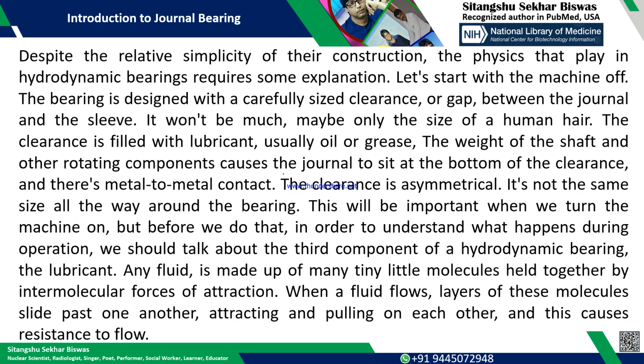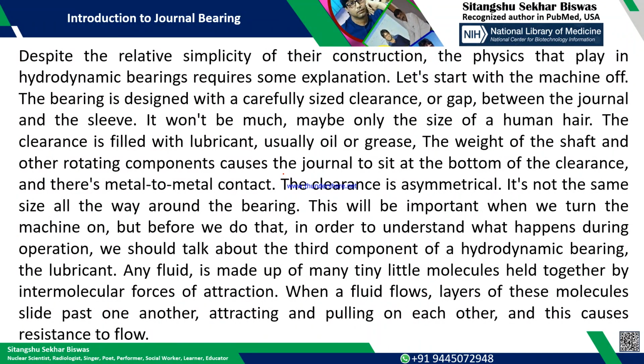So first, what will happen when your rotating machinery, say a horizontal turbine system, is off, then the journal is touching the bearing material. During the design you should be very careful about the clearance between the bearing and the journal, which is basically called the gap.